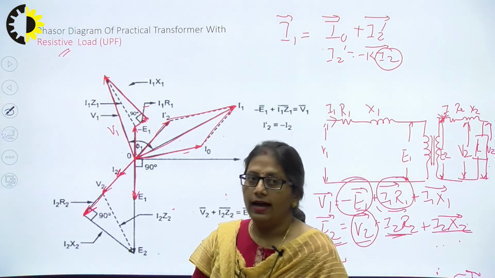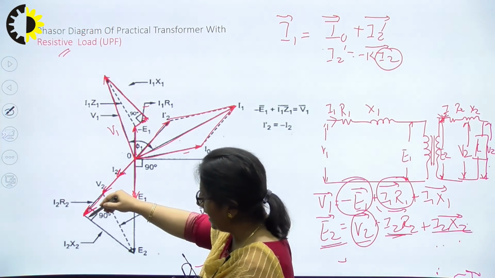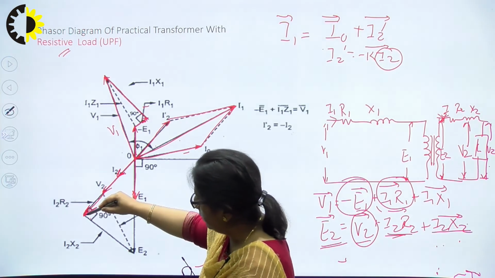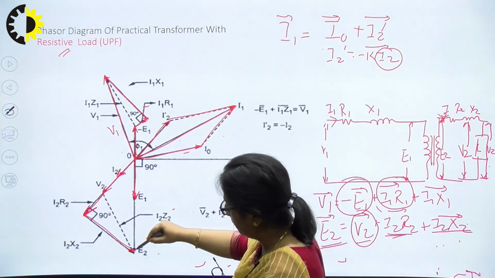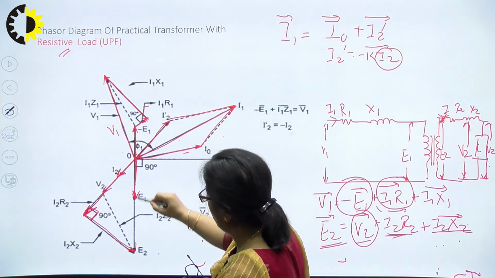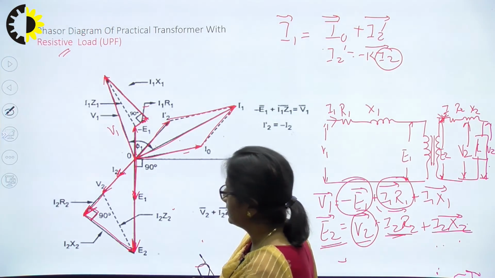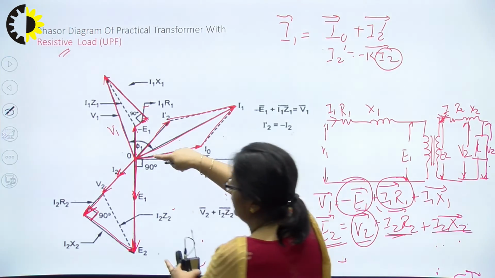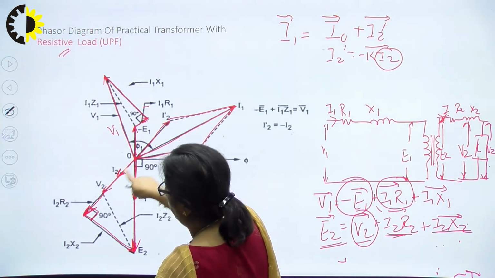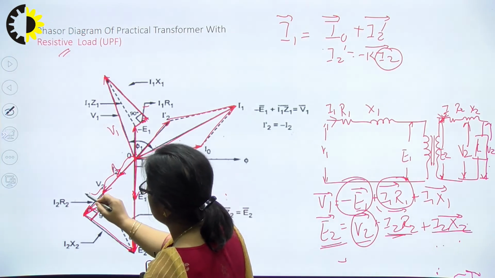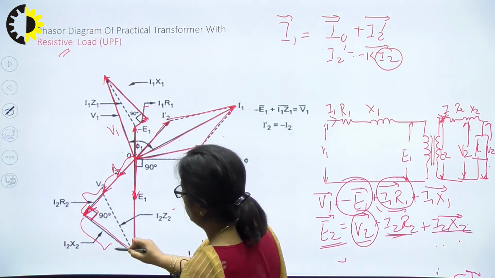Now, I2 X2 is once again a reactive voltage, which has to lead by 90 degrees, so I'll draw it towards this side with an angle of 90. Now what will this complete phasor be? This complete phasor would be E2. It can now be very easily justified that E2 is equal to V2 plus I2 R2 plus I2 X2.